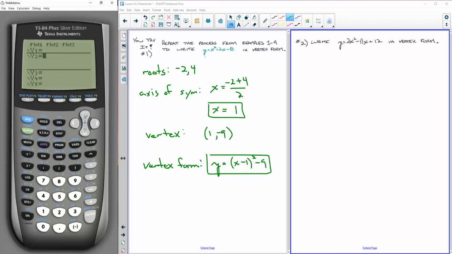First thing I want to do is find the roots. So 2x squared minus 11x plus 12. Let's graph it. Uh-oh, kind of ugly. What is that, maybe 1.5?